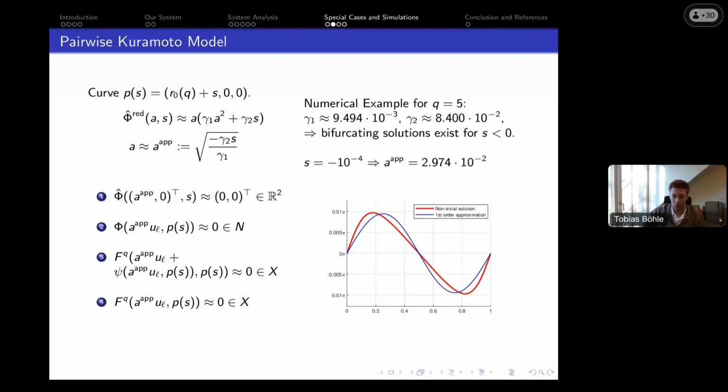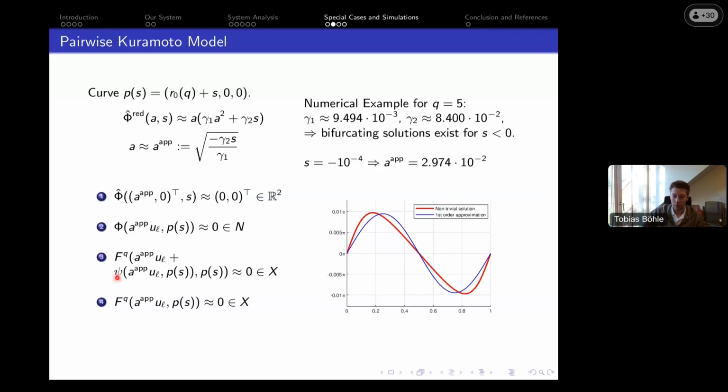So then you know that the function fq evaluated at A approximate times UL plus this function psi at A approximate and UL is approximately equal to 0, but now as an element in X, so in the full function space X.